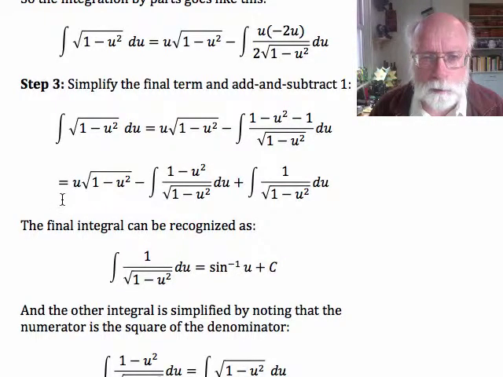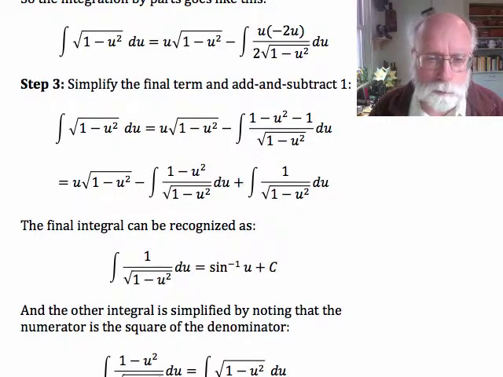So this is equal to u times the square root of 1 minus u squared minus the integral of 1 minus u squared over the square root of 1 minus u squared plus the integral of 1 over the square root of 1 minus u squared du.